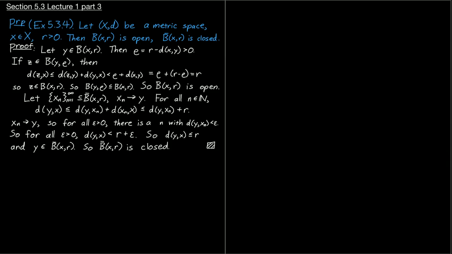Last thing I want to do is to tell you what your homework is going to be. So here's how it's going to work. We let (X, d) be a metric space, and we're going to let Y be a subset of X. Then (Y, d) is also a metric space.